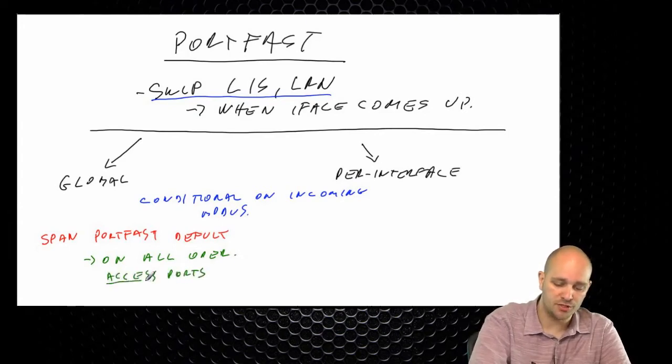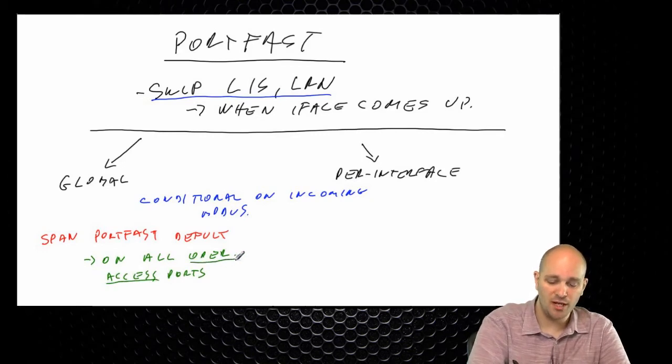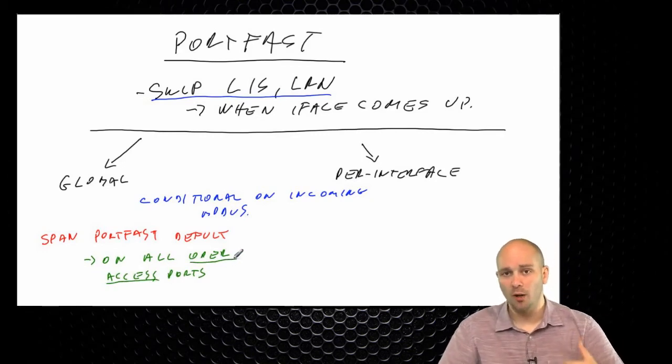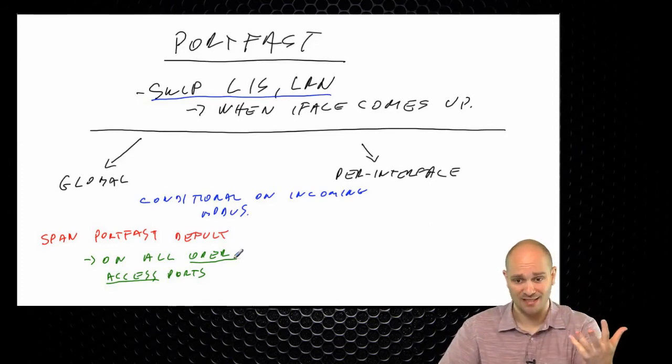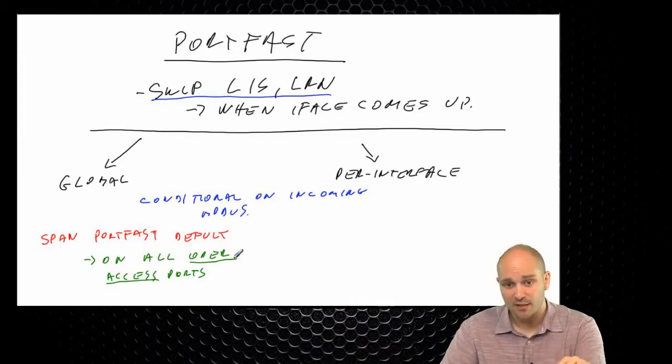So all ports that are in operational access mode will be enabled for Portfast. This includes ports that have been statically configured for access with switchport mode access, or dynamic ports that have actually failed to negotiate the trunk. So if you had dynamic ports and they failed to negotiate the trunk, when you configure this command, you are actually going to be enabling Portfast on those.